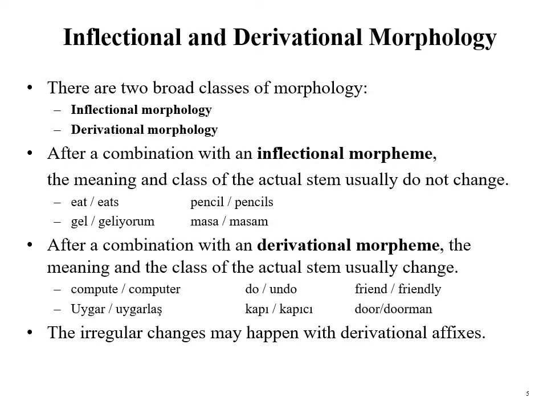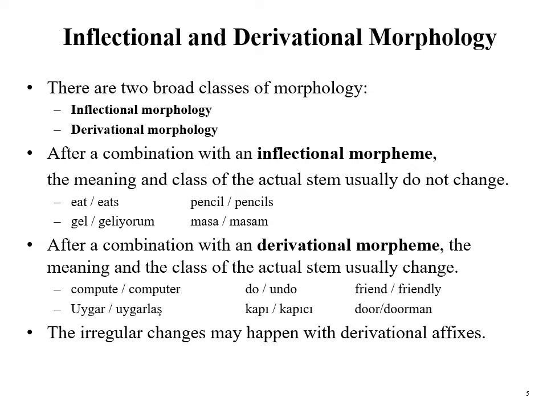Uygar and kapı are Turkish words. Uygar means civilized, but uygarlaş means civilization. So when you are adding laş, the meaning will be different.